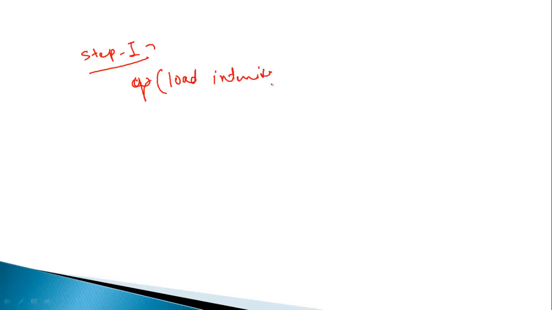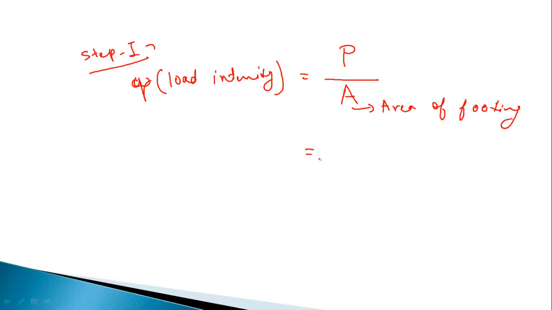It's given by P by A, and A is the area of footing because the load is applying on the whole area, not just the column.